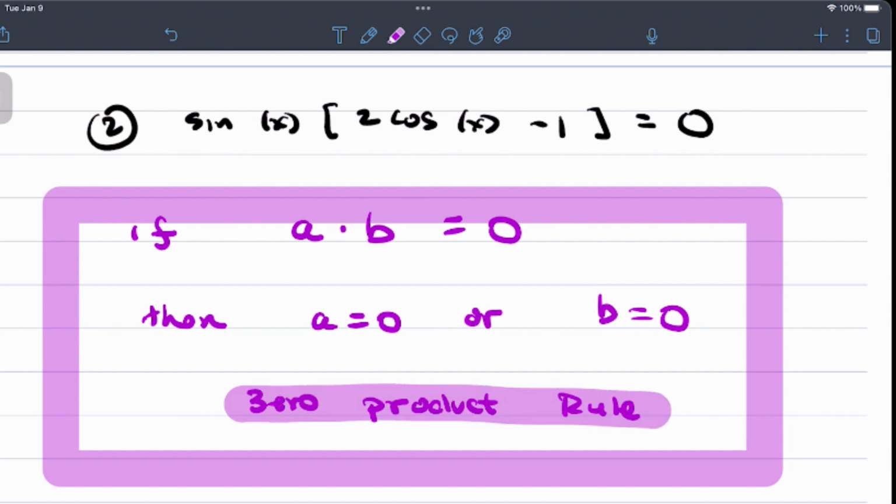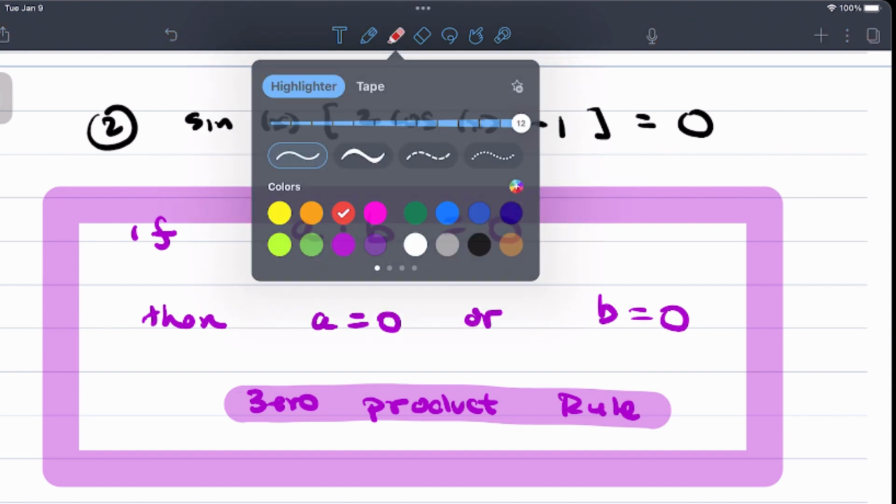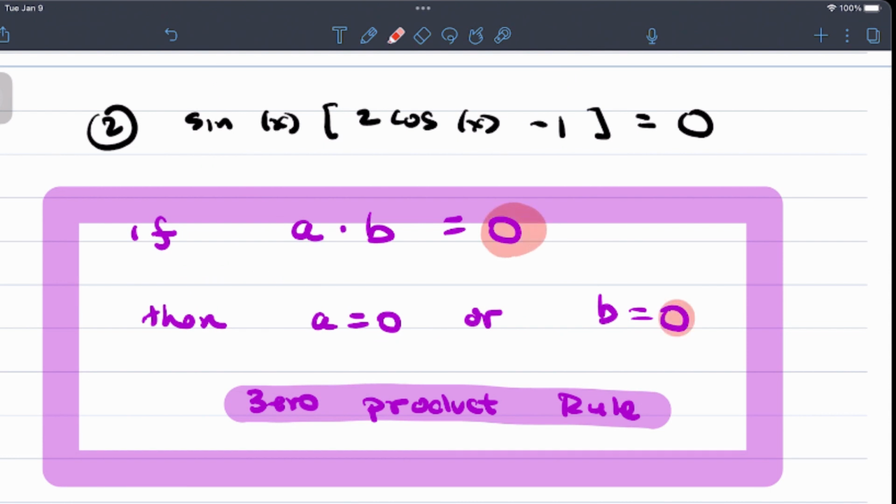So if A times B equals 0, then either of those terms equals 0. This is called the zero product rule, if you guys remember that. That's or, by the way. Do you guys remember this from beginning algebra?